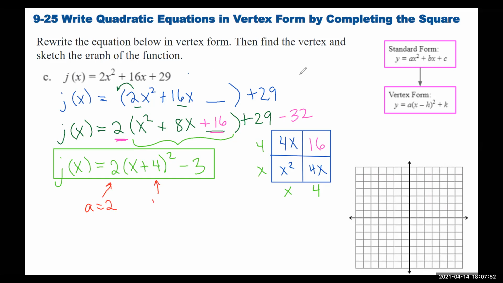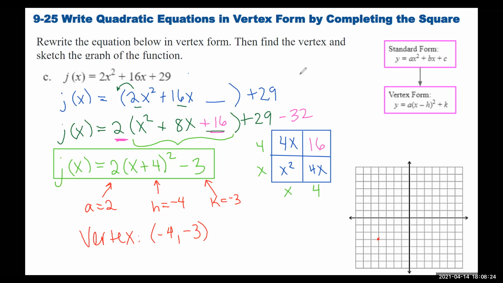Here I have H equal to -4, sorry about that, and K equal to -3. And then that means our vertex is at -4, -3. So I'm going to go ahead and graph this, -4, -3.